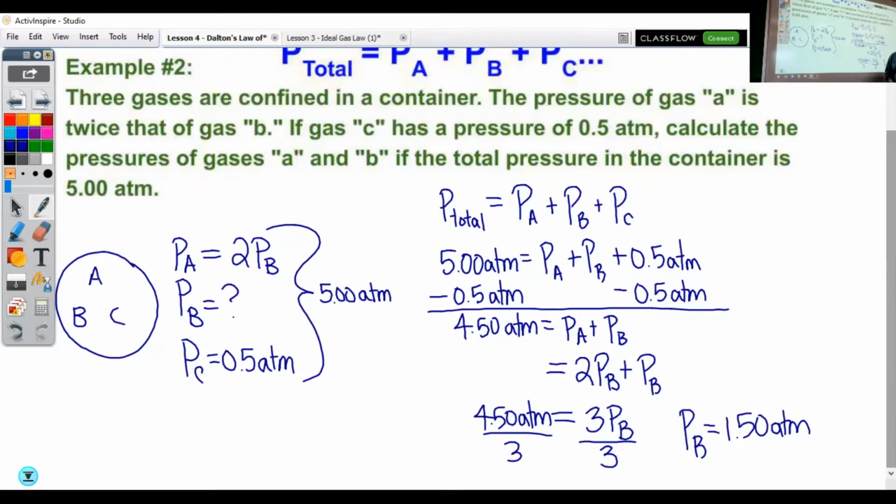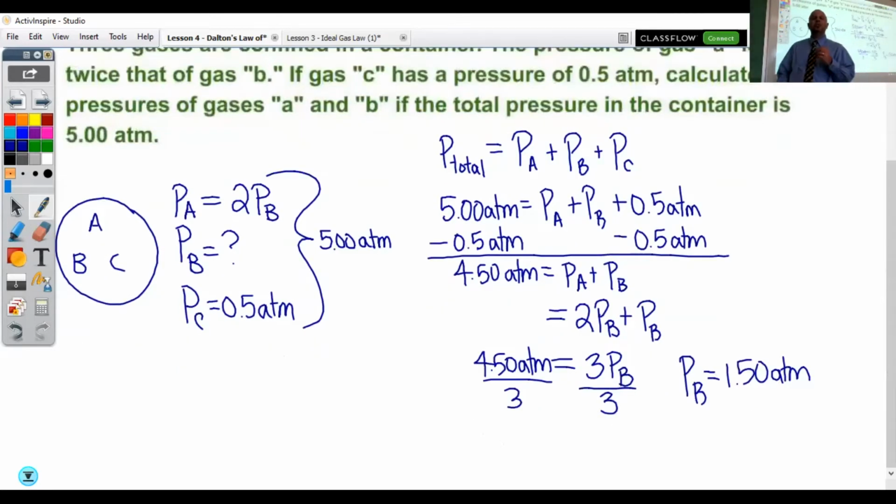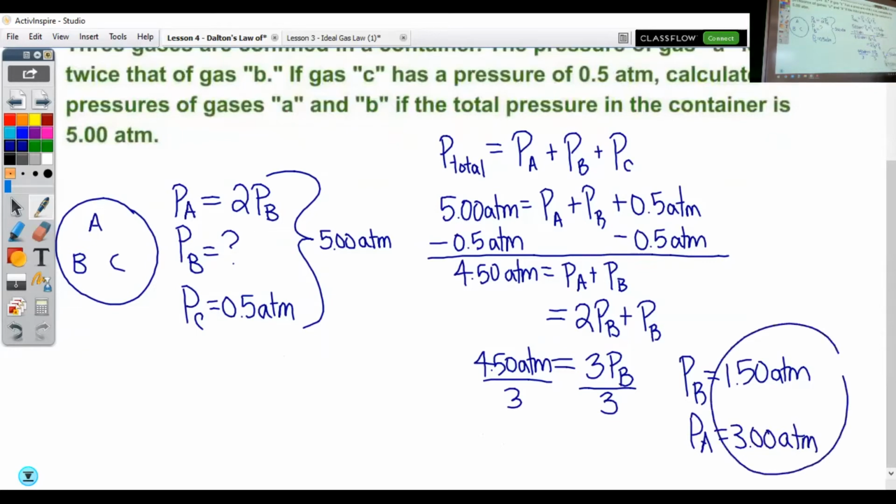The last piece of this is to recall that our partial pressure of A is equal to twice our partial pressure of B. So if our partial pressure of B is 1.5, our partial pressure of A is going to be equal to 3.0 atm. Remember, together, these two had to equal 4.50 atm, which was the missing piece that we had over here.